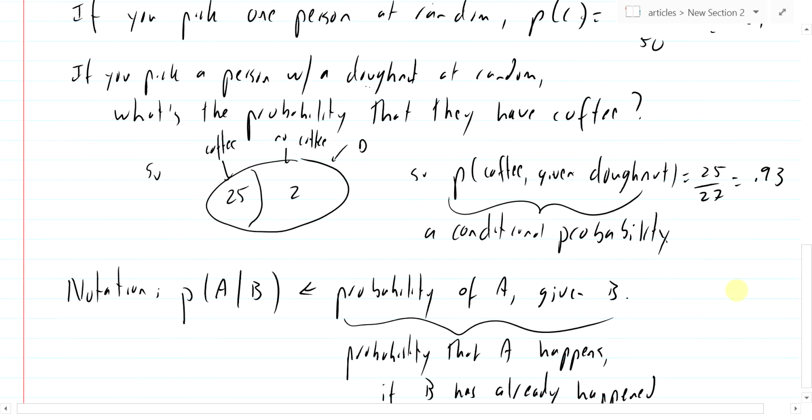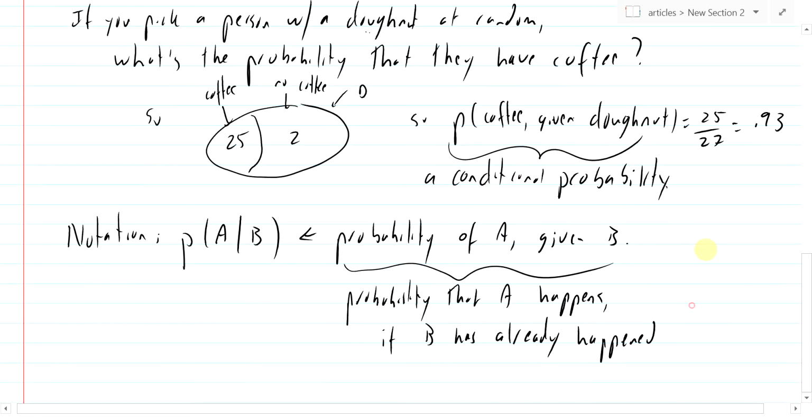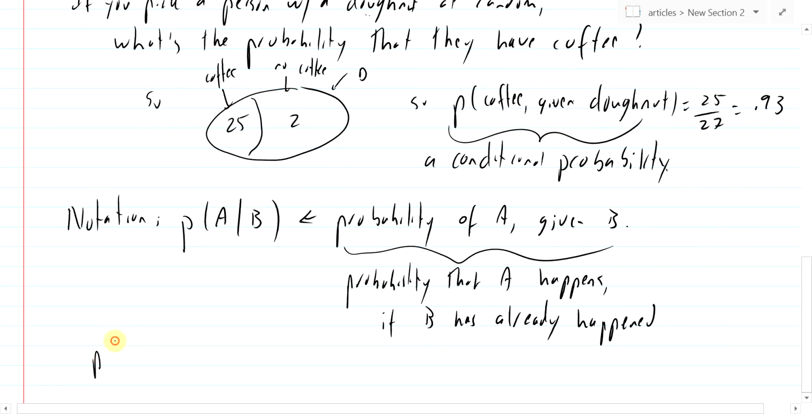So, probability of coffee given donut, P(C|D). This is the probability that someone who already has a donut also has coffee.